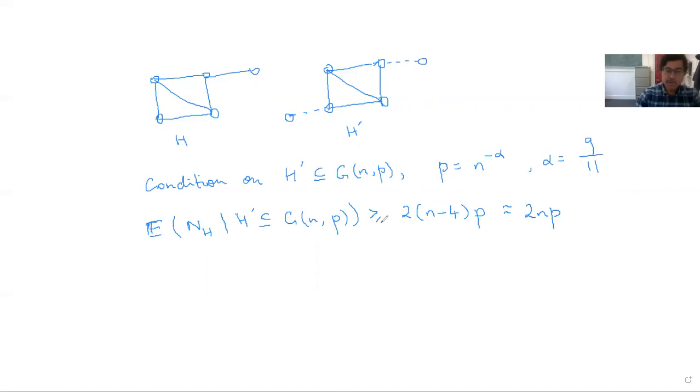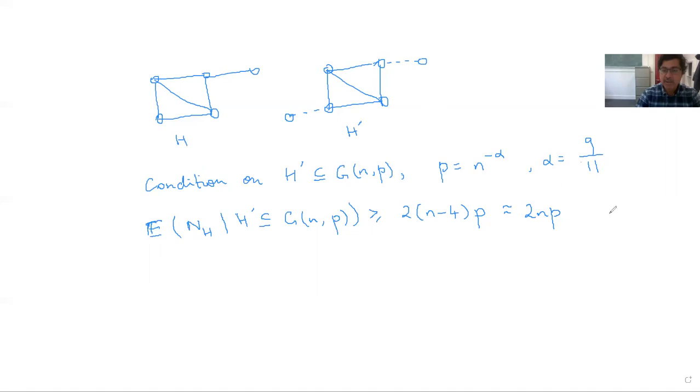Bigger or equal to, because there may be copies of H somewhere else not related to this H prime, somewhere else in the graph. But you can take this particular copy, attach a vertex and an edge, and get a copy of H in this many different ways. And for each of them, there's probability p of that one edge being present. And so this is the expected number of copies you get.